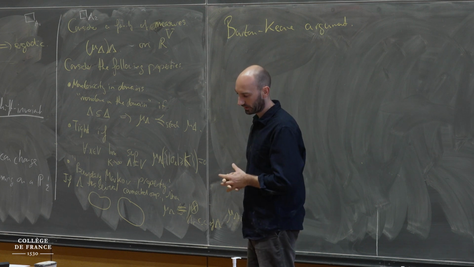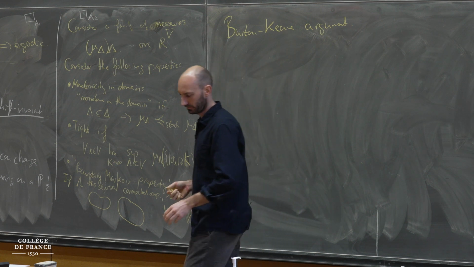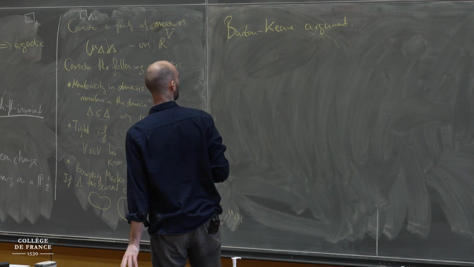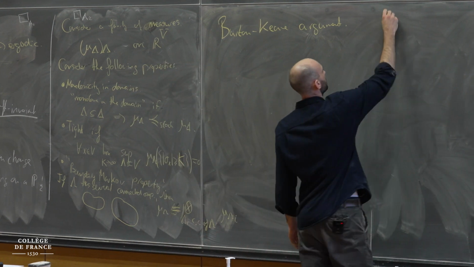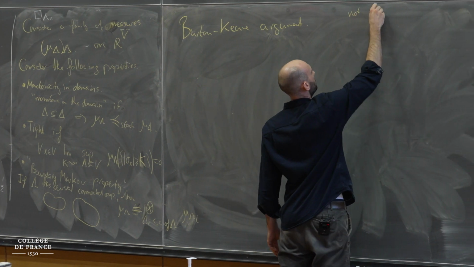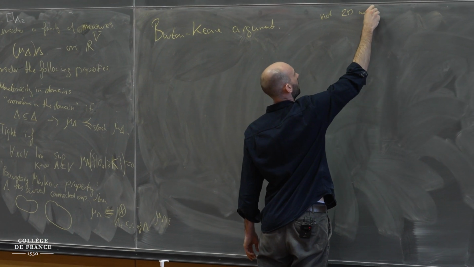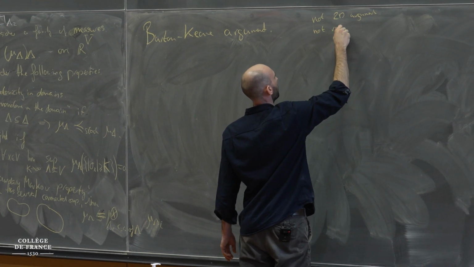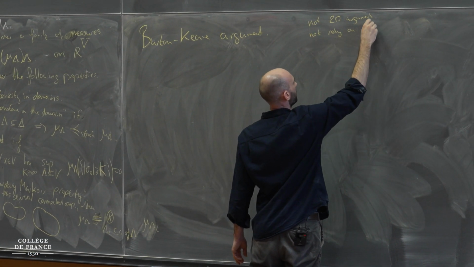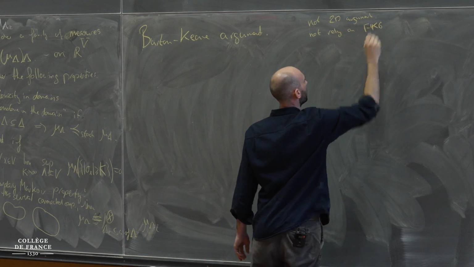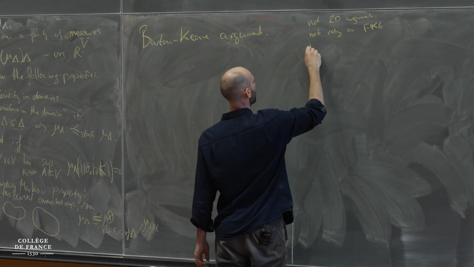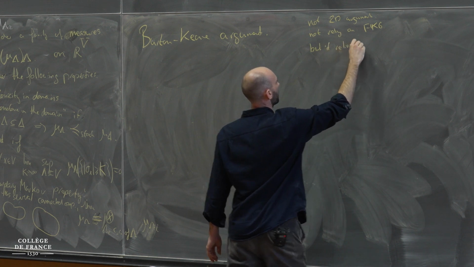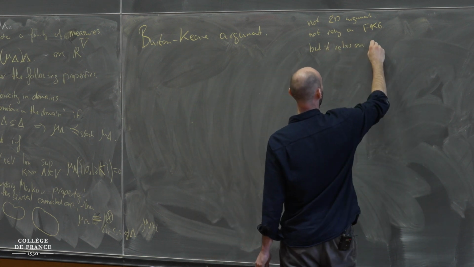The other geometric input is called the Burton-Keane argument. The Burton-Keane argument is really non-two-dimensional, so it's not a 2D argument. And actually it does not rely on FKG, but it relies on finite energy.